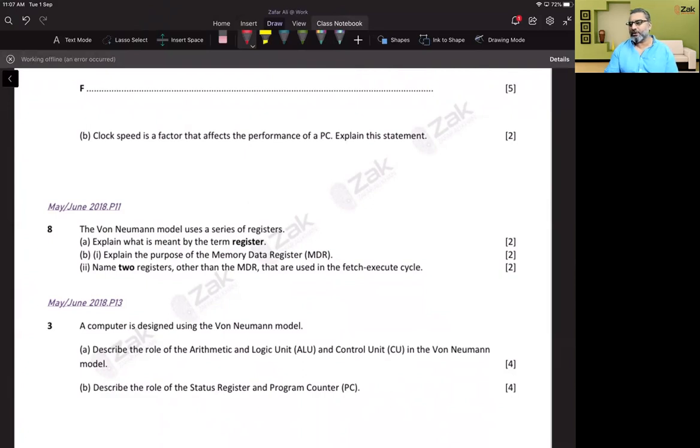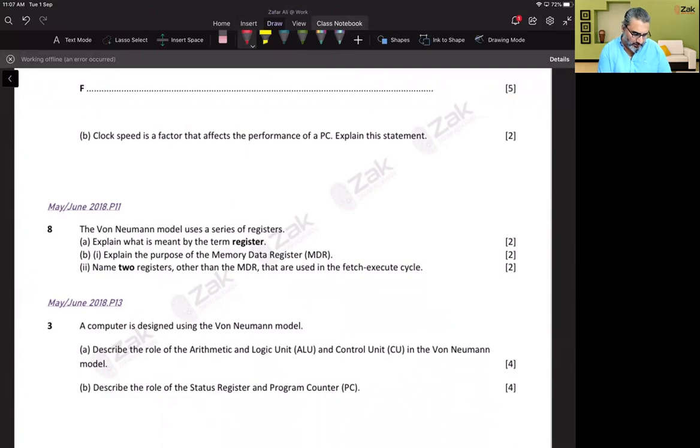It stores or holds the data or instruction which is to be fetched and written back. So it is also called the gateway of the microprocessor. It stores instructions when fetched from the memory, and it holds the data when it is being written back to the memory.